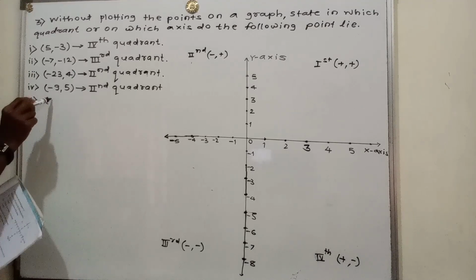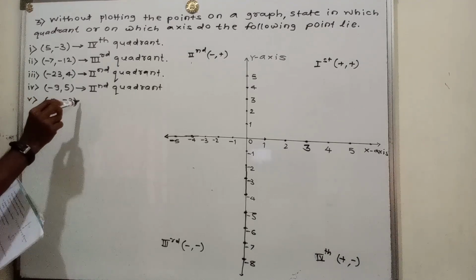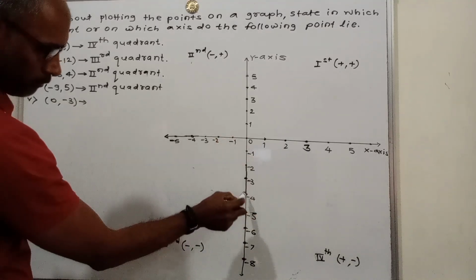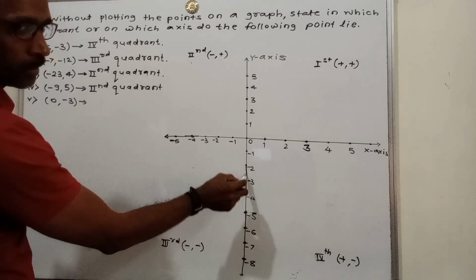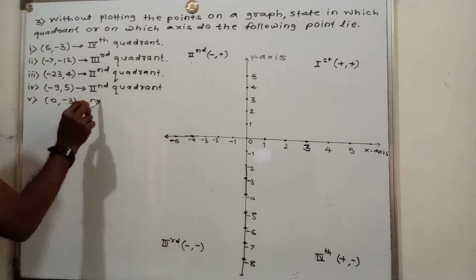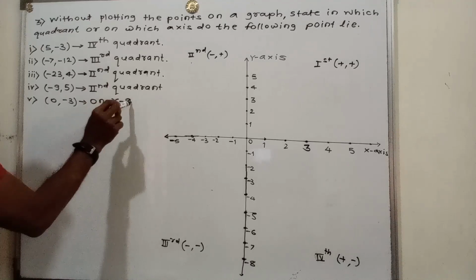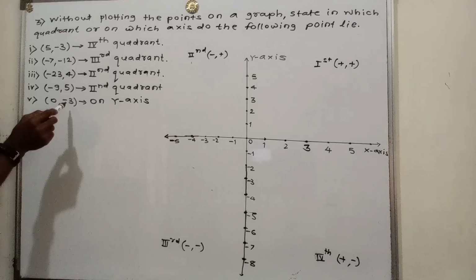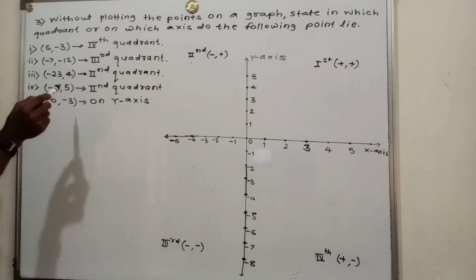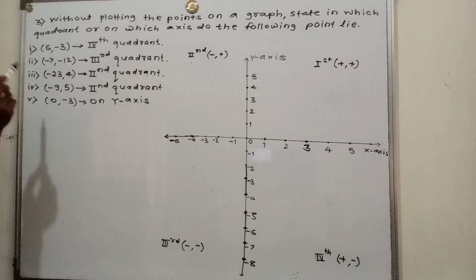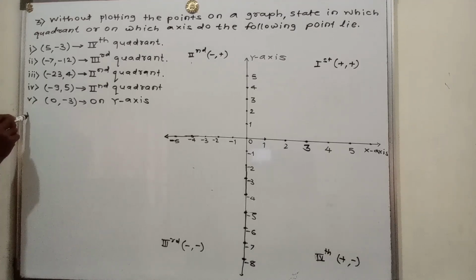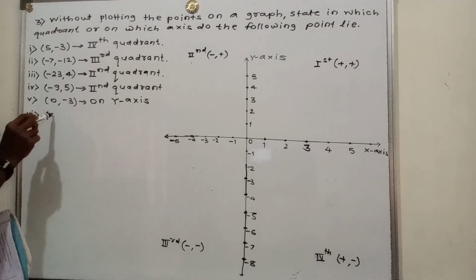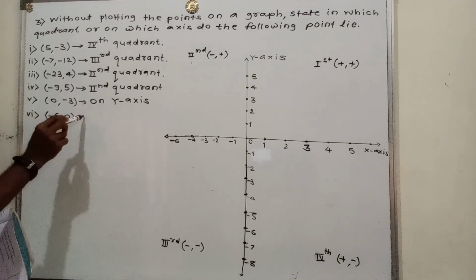Fifth, 0, minus 3. 0, minus 3, y-axis. Therefore, on y-axis, because we know coordinate of y-axis, that is minus 3, and this is 0. 6, minus 6, 0.